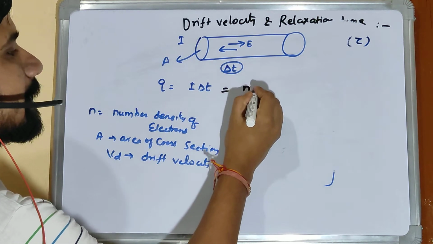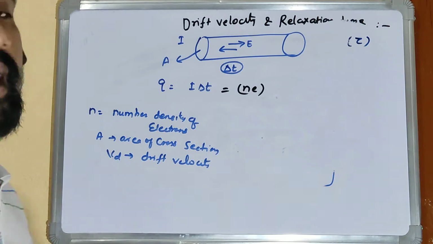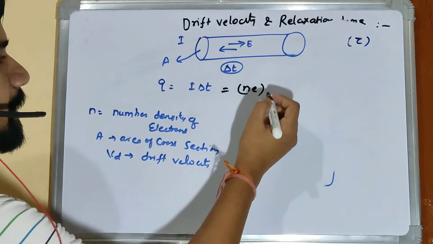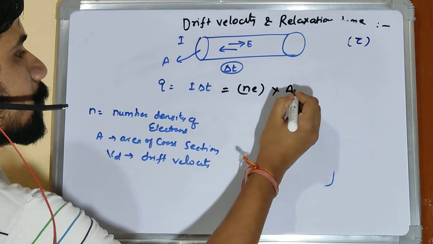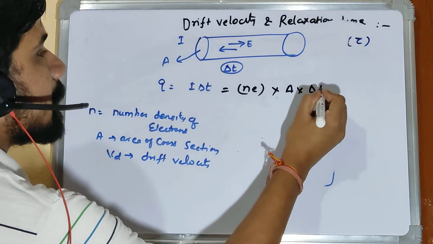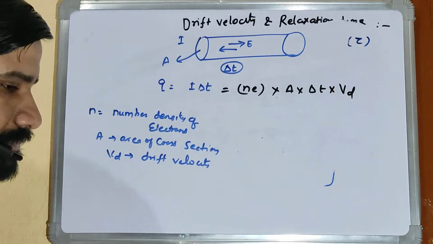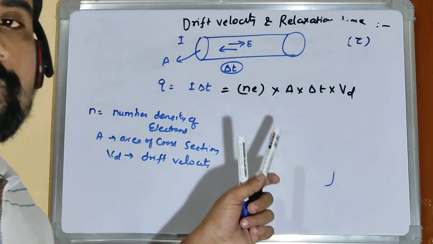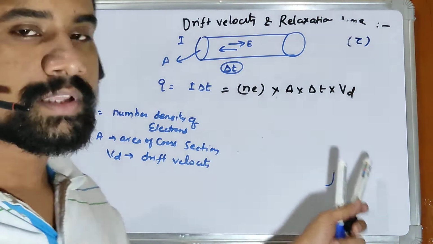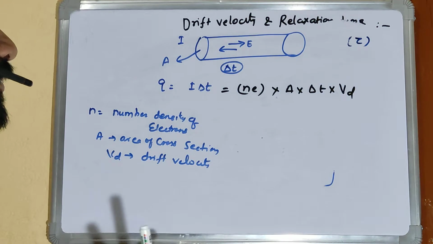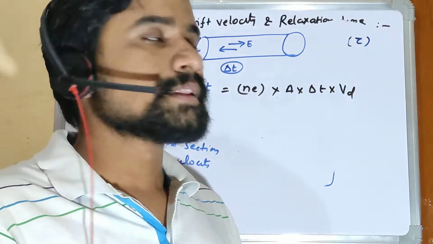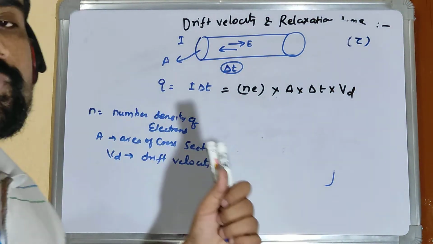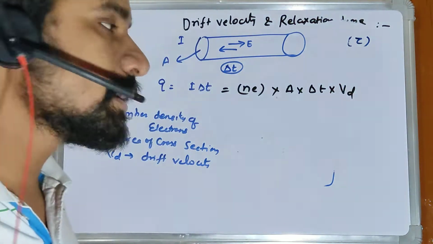It will be n e, which is charge per unit volume, into A into delta t multiplied by Vd, right? So charge per unit volume into the volume and into the velocity is what? The number of charge carriers which will flow in delta t time, right?